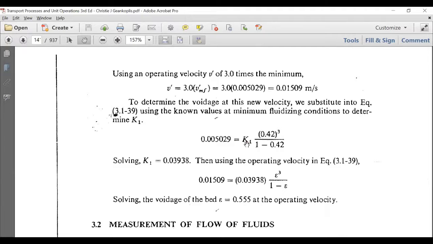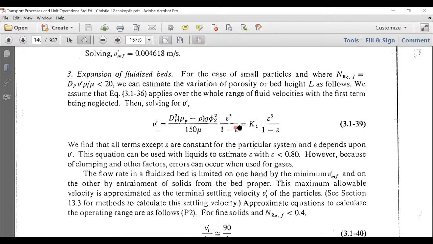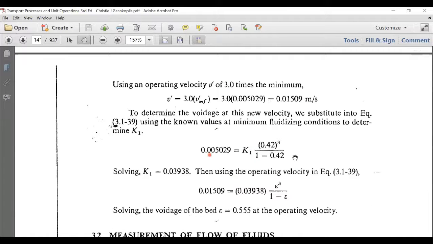K1 we don't know, but we know the epsilon MF, so I can put epsilon MF to the power of 3 divided by 1 minus epsilon MF. By using this equation, I know the value of K1, which is 0.03938.